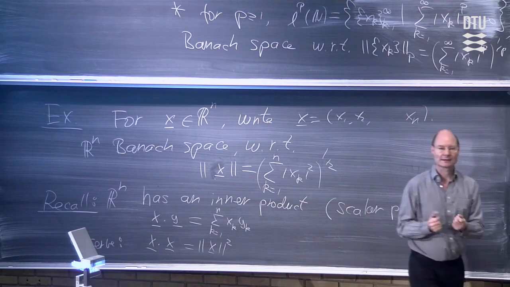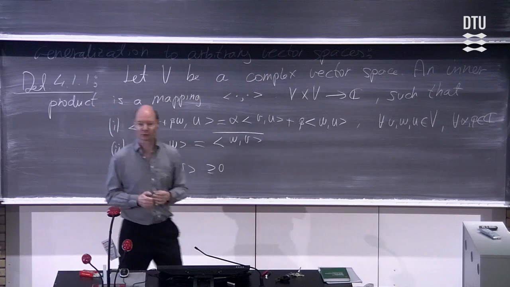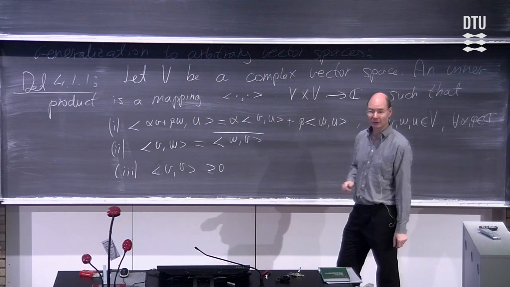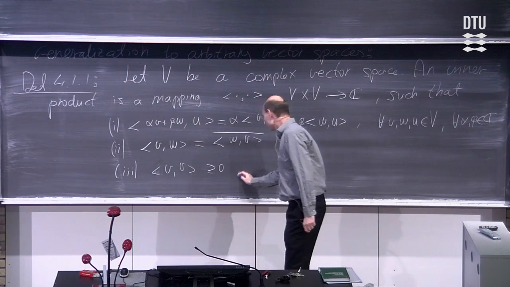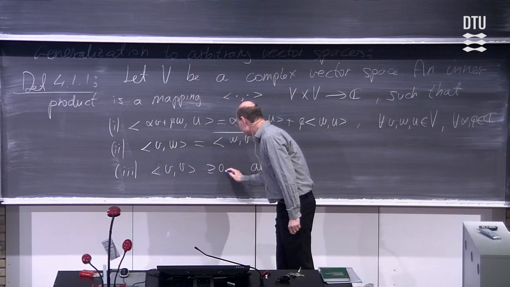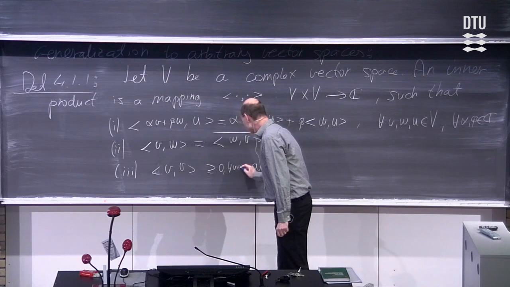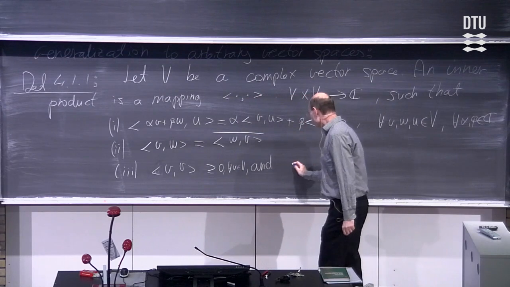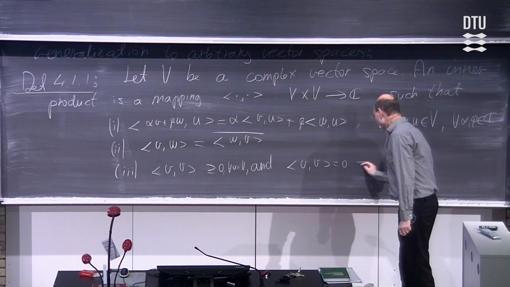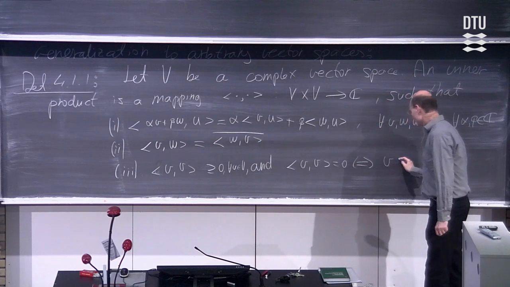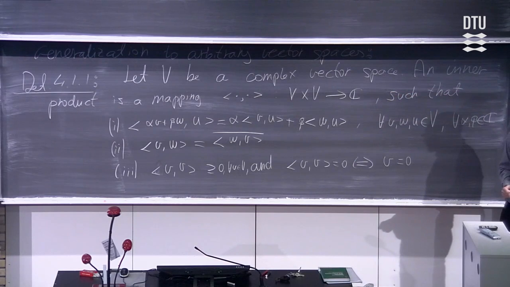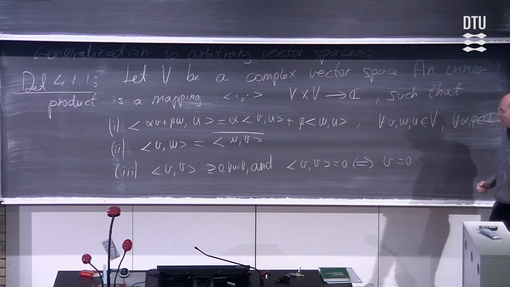So we know that we get a number that is greater than or equal to 0, but we do not know yet why this is so important. But here we put this as one of the conditions. And we also want this for all v in the space, and that the inner product is equal to 0 exactly when v is 0. So these are the conditions that we will put on an inner product.